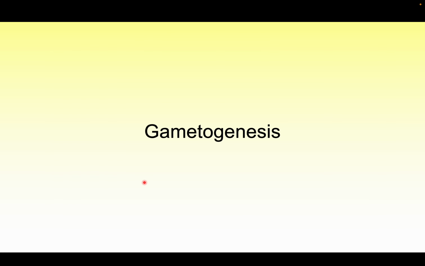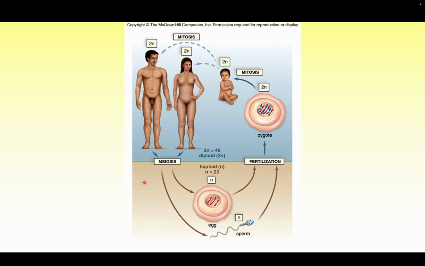Now let's take a look at the process of gametogenesis, so the production of the sex cells, the female and the male sex cells, right? So gametogenesis as a process is unique between males and females. Males will undergo what we call spermatogenesis, while females will undergo oogenesis.